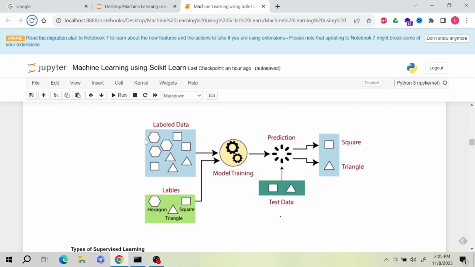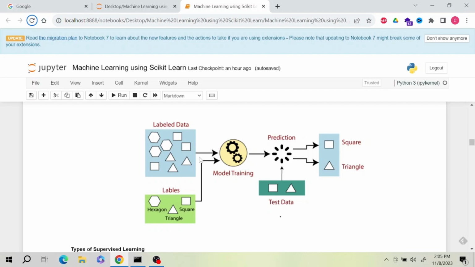So for example, here we want to distinguish the shape of the given figure. We have this kind of data, along with labels, so we know this is hexagon, this is square, and this is triangle, and so on. We pass this to our machine learning algorithm and train it, and after that it will give us a model.